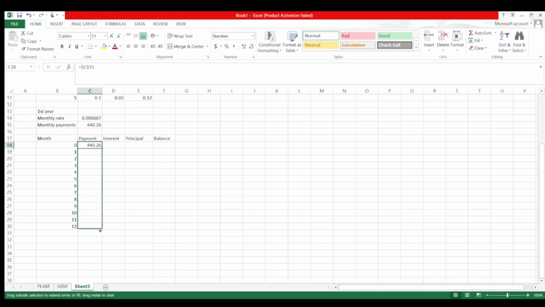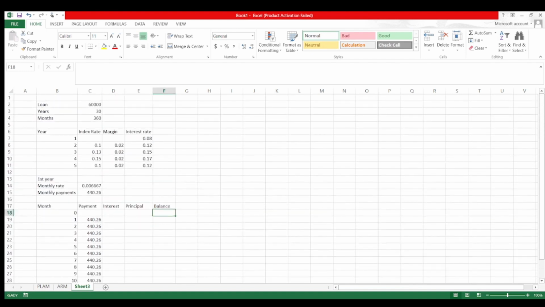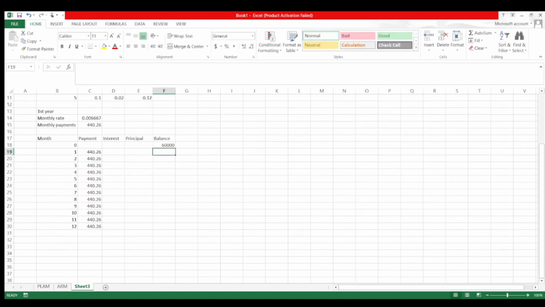Let's simply drag it down. Our interest for the first period when taking the loan, we need to start with the loan amount up here. So there's no payment for month 0. The interest you get by multiplying the monthly rate by the balance.